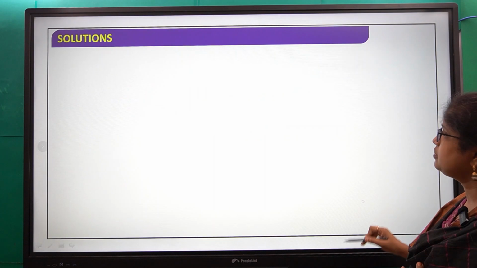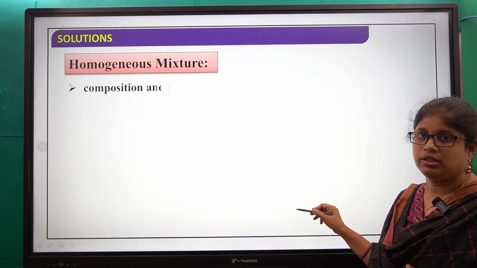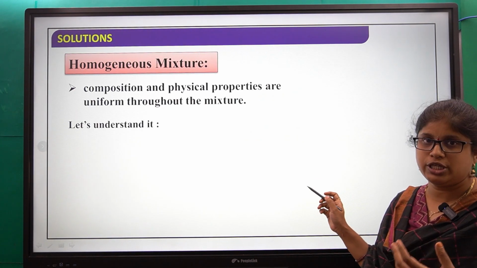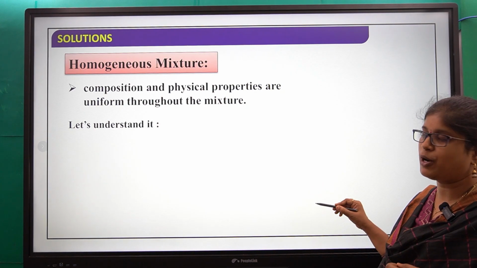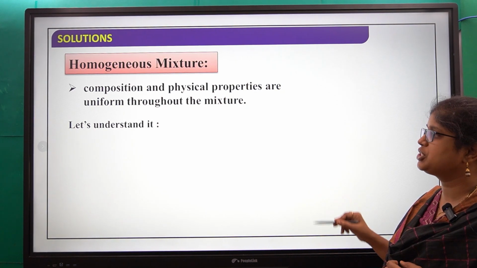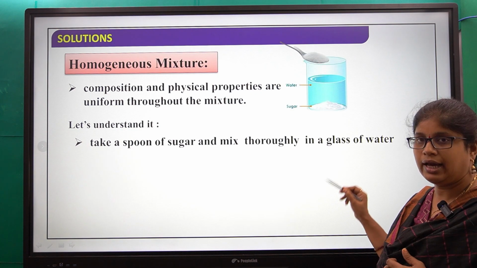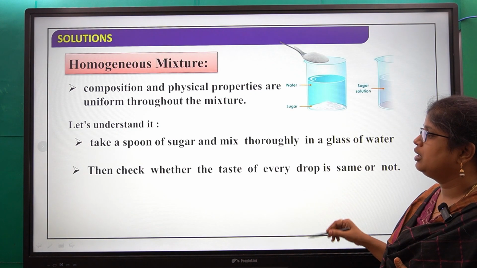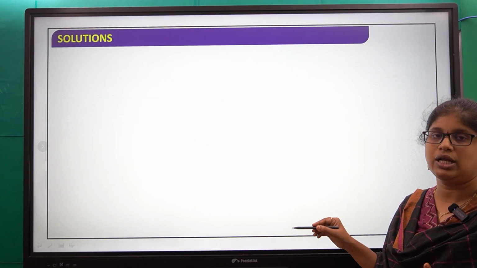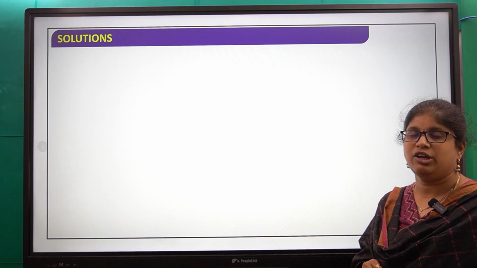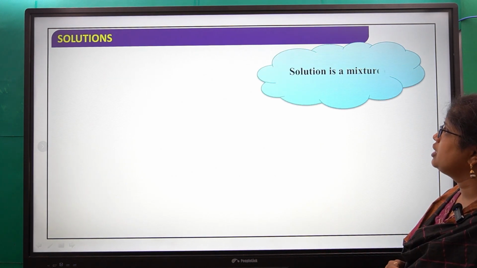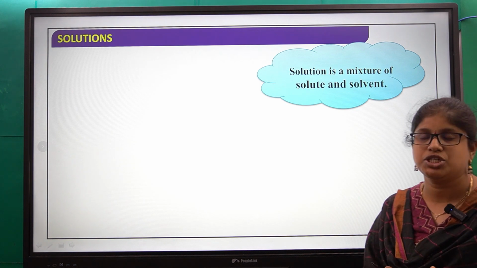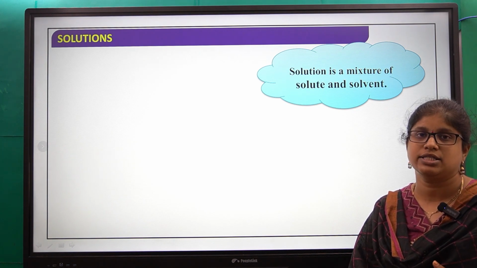Next, we learned the homogeneous mixture. A homogeneous mixture contains composition and physical properties uniform throughout the mixture. Next, we observed the sugar solution, and if you take the salt solution also, it has uniform composition and physical properties. Next, a solution is a mixture of solute and solvent.